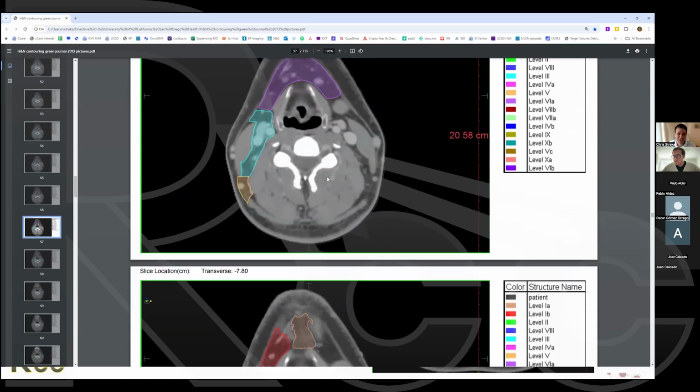One thing I'll say about these slides is that if you're scrolling through on a computer, the top slides are inferior and the bottom slides are superior, so it goes bottom to top. That's generally not how I tend to think of things, or how other tools I use work. So I've started us in the middle here, and I'm going to scroll up in the computer, which is inferior anatomically.